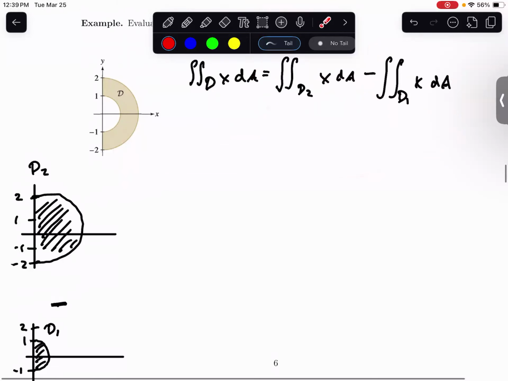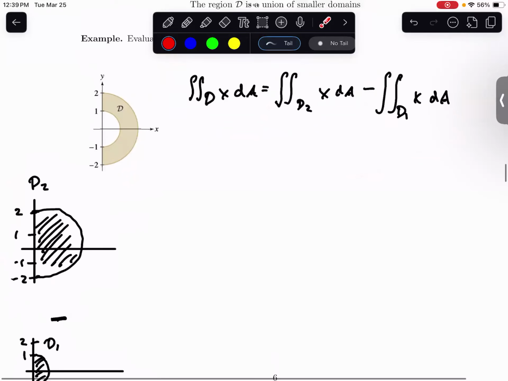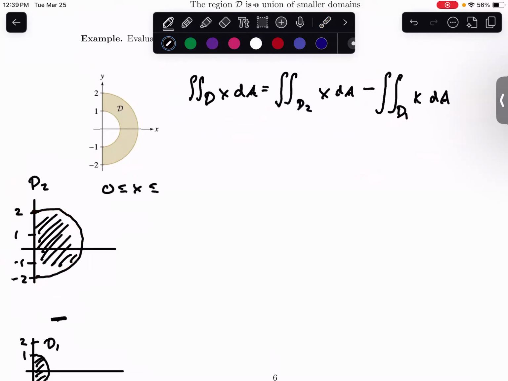Okay, and so to determine what exactly is going on with the integral over D2, we need to find out what this curve is equal to. We see that x is bounded below by x equals 0, so we have 0 is less than or equal to x is less than or equal to something. We want to make use of what we know about circles.